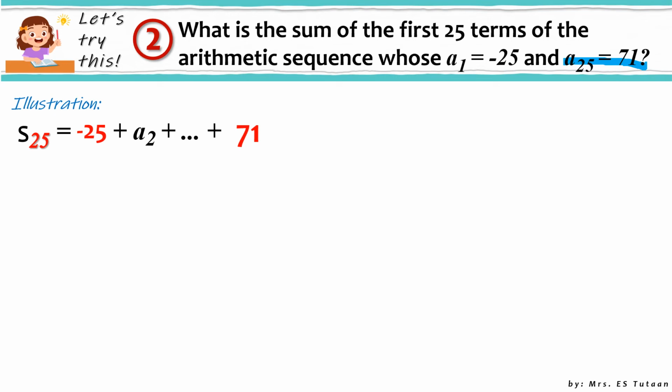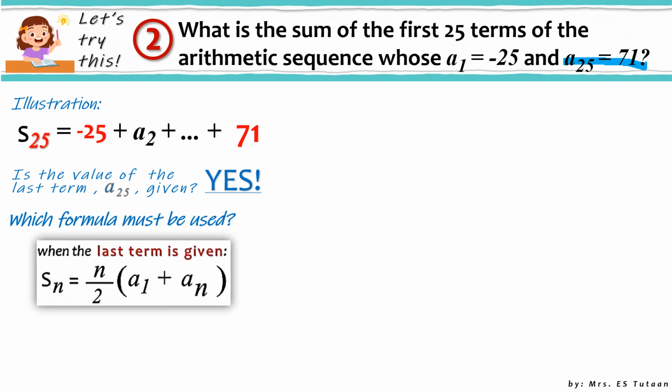So, ano nga ba ang formula na gagamitin natin? So, di ba meron tayong dalawang formula? So, we have to decide which one to use. So, ang question natin is the value of the last term a sub 25 given? Given ba? Na-identify ba? So, we have identified the last term, which is 71. So, dahil meron tayong identified last term sa ating problem, ang gagamitin nating formula ay ito ba?